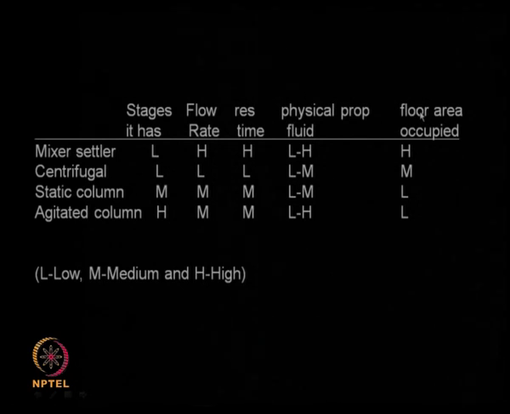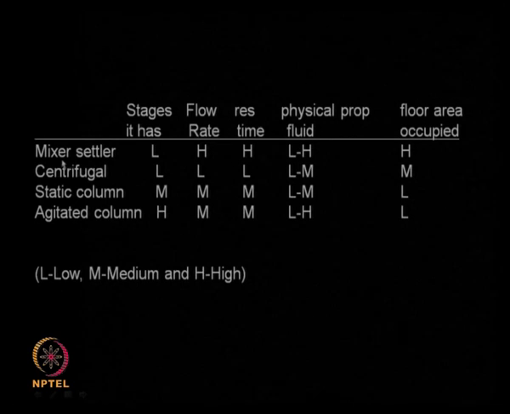Floor area occupied is also very important, because if you have the extractor spread all over the floor, then you are using up too much plant area, whereas if the extractor is vertically placed, then you are occupying less floor area, which is advantageous, because more floor area, more space, you will need to spend money on buying that space.